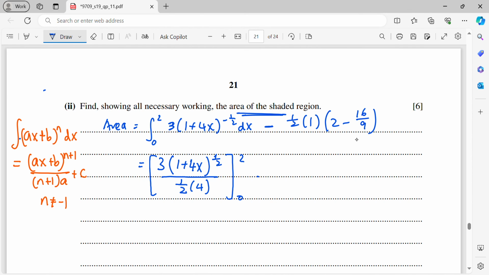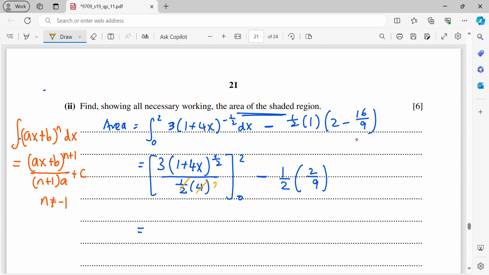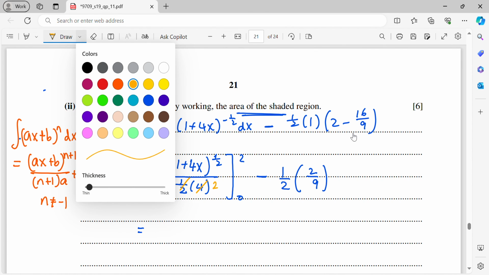Then for the right side, for the second term, it is half. Now 2 minus 16 over 9. It is 18 over 9 minus 16 over 9. That is 2 over 9. Okay, so now for the first term, half and 4 cancel off, becomes 2. So then I can take out the over 2.